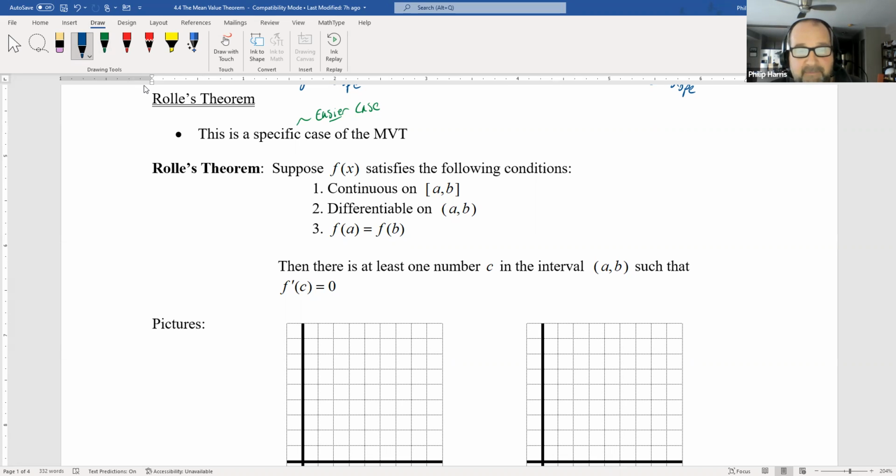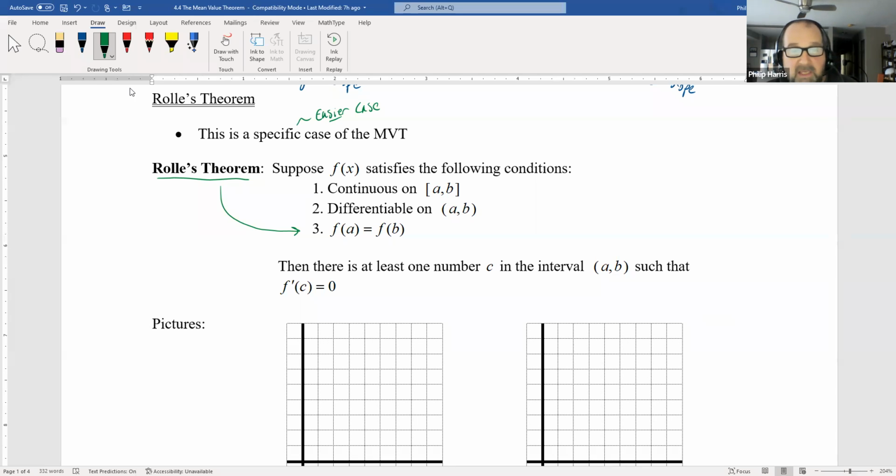You have to have a function that is continuous on a closed interval from a to b, differentiable on the open interval from a to b, and it also has, in Rolle's theorem specifically, the necessity that the output at the beginning is equal to the output at the end. Graphically, it's like they're at the same height at the beginning and at the end.